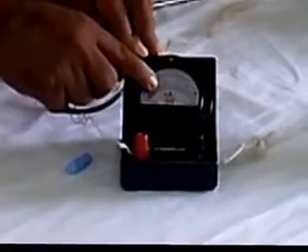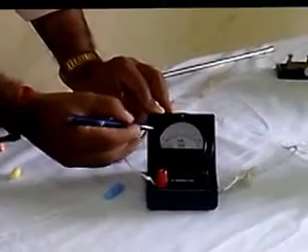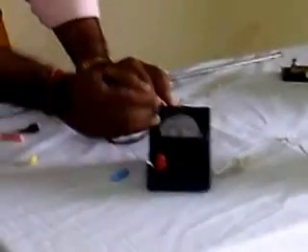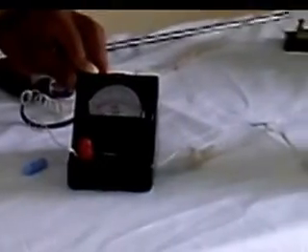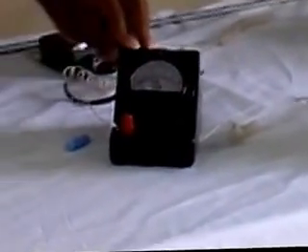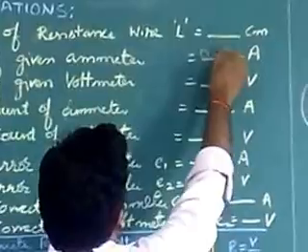You see mA, small m, capital A is written. It means that it is a milliammeter. Range: it starts from 0 and goes up to 100. Means 0 is the minimum, 100 is the maximum. So the range of the ammeter is 0 to 100 milliamps. We will write it here: range of the given ammeter, that is 0 to 100 milliamps.